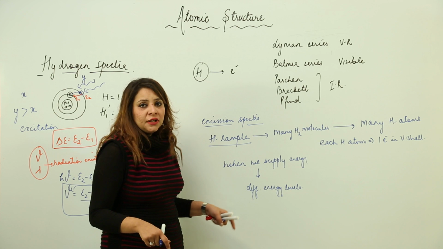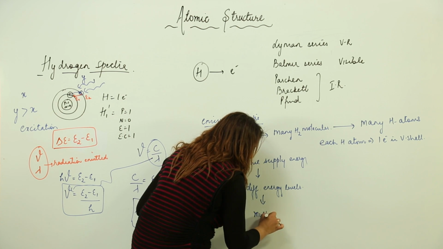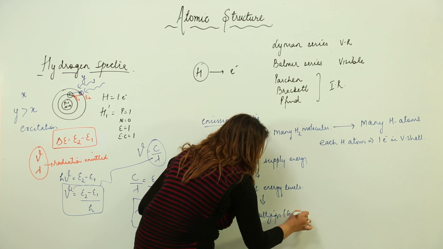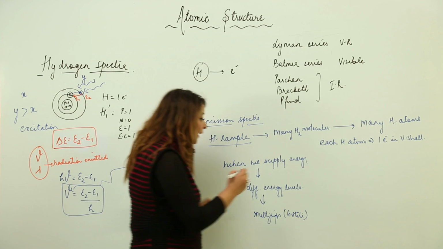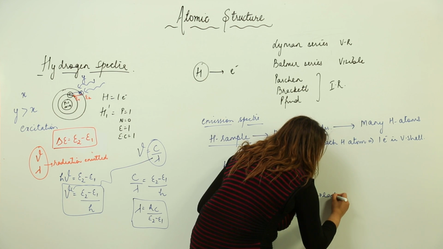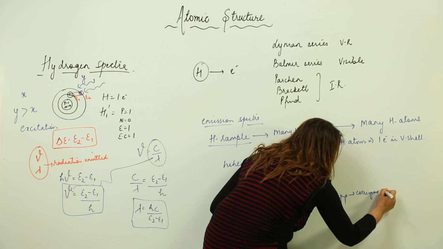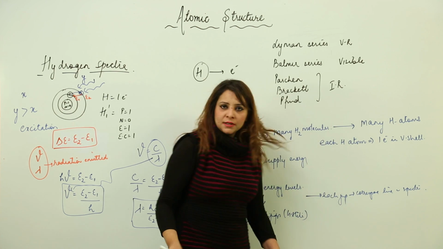So when they come, they may come in one jump or they come in multi jumps. When they come to their ground state, either they come in one jump or in multi jumps, and each jump corresponds to a line in a spectra.